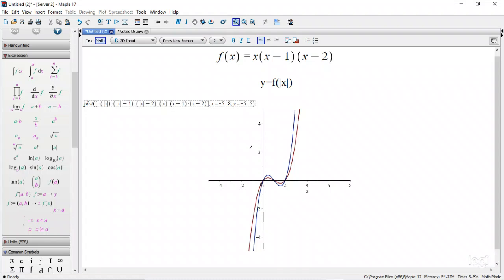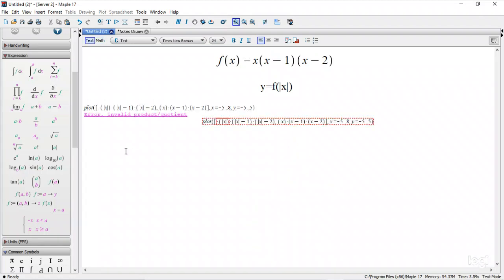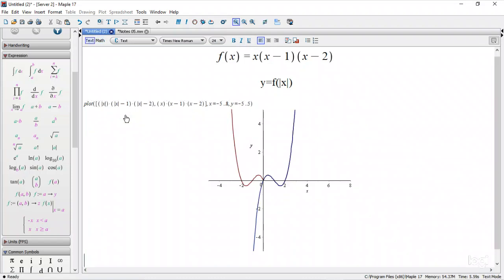So the blue graph is the original graph, and now you can see in this graph when you put f(|x|), it will give a mirror reflection.